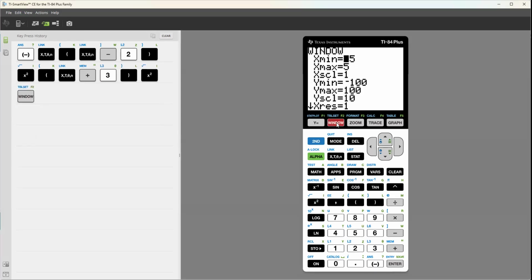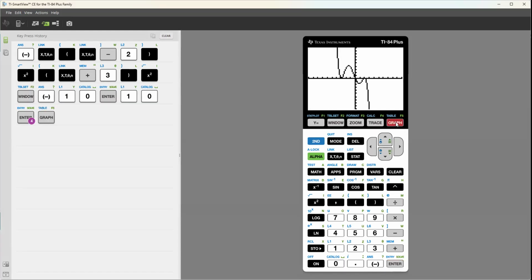Now my window went from negative 10 to 10, and that's going by ones, and then negative 100 to 100 going by tens. All right, y'all, so let's graph it. All right, so on the left side, it's touching negative 3. On the right side, it's coming up and touching positive 2. So we wanted negative 3 on the left side, positive 2 on the right side, and it's going downhill left to right.